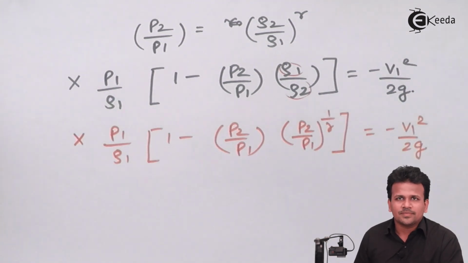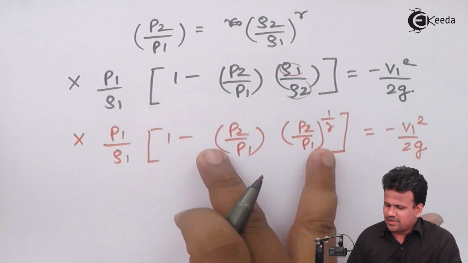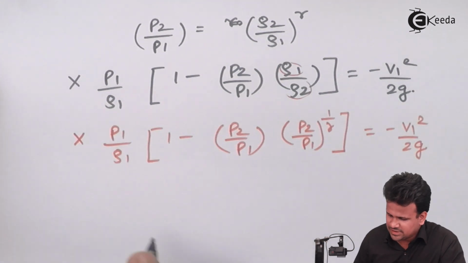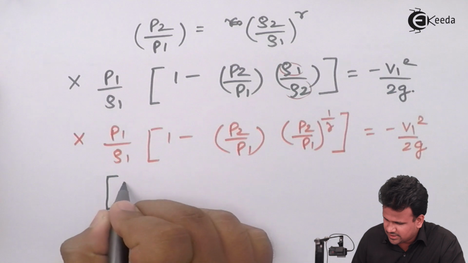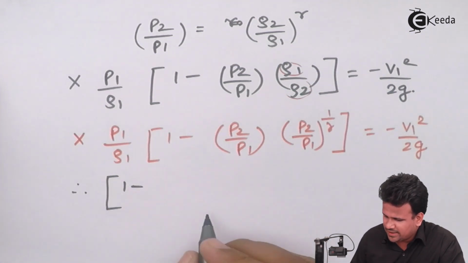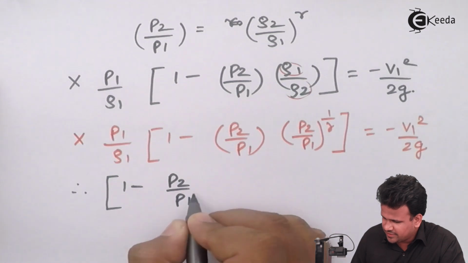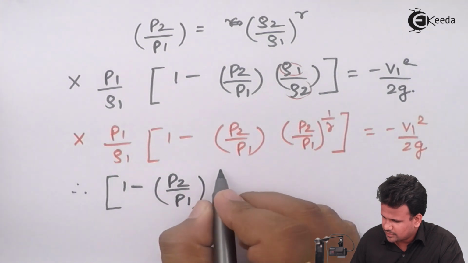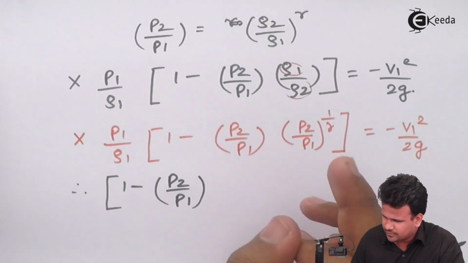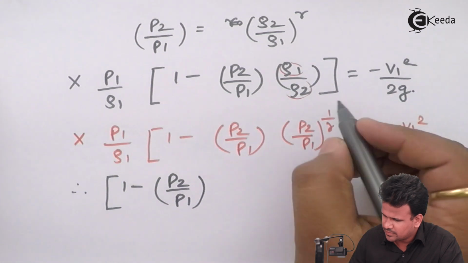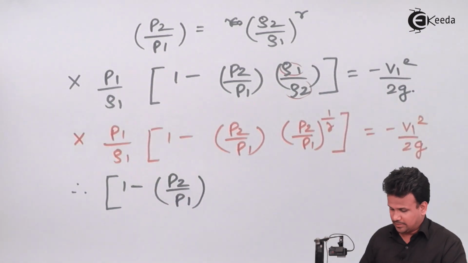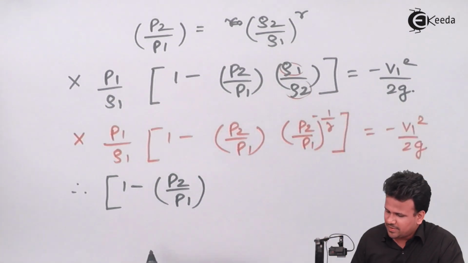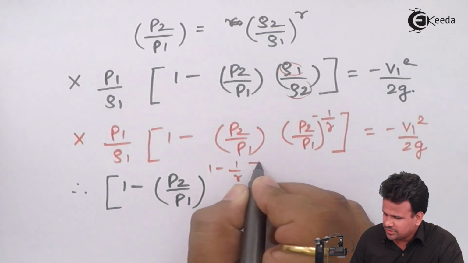Now the next part: we are going to combine this and substitute the value of x. What is the value of x? Let us write down the left hand side: 1 minus P2 by P1 raised to minus 1 upon gamma, so this will be 1 minus 1 upon gamma.